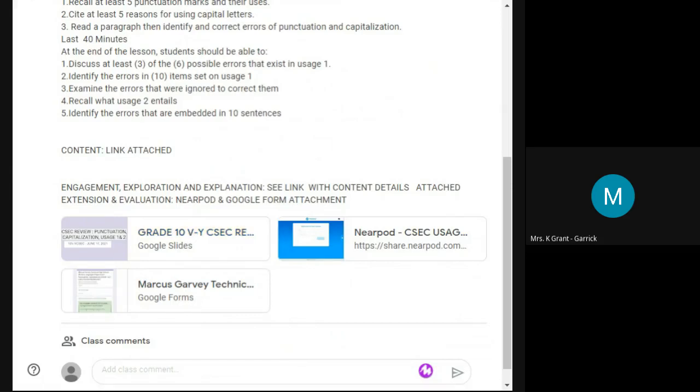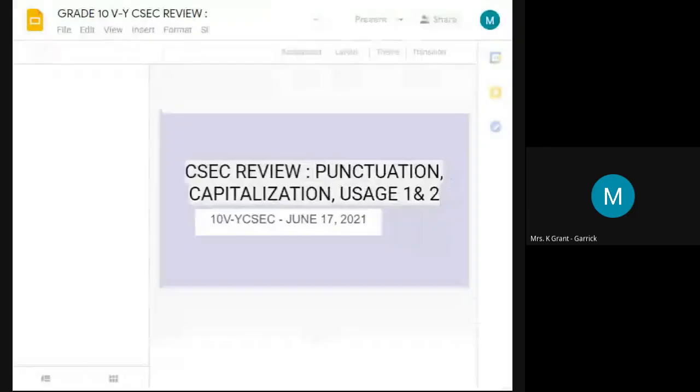So I'm in the process of opening up the slide, because the slide will detail for us some of those objectives that we really want to accomplish today.